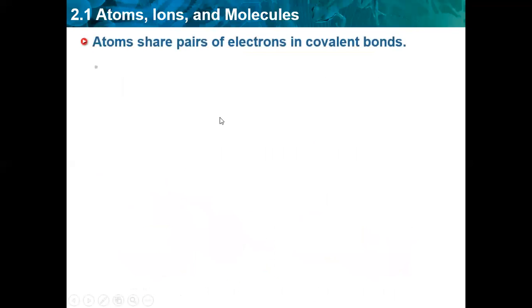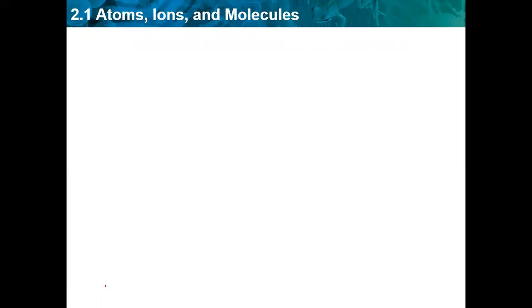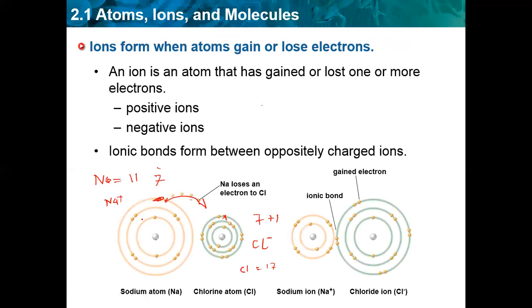So the next slide says, atoms share pairs of electrons in covalent bonds. In ionic bonds, the atoms combine together to form a bond. For example, this one is going to donate, give away the electron to the other atom to form an ion, and the other is going to form an ion.